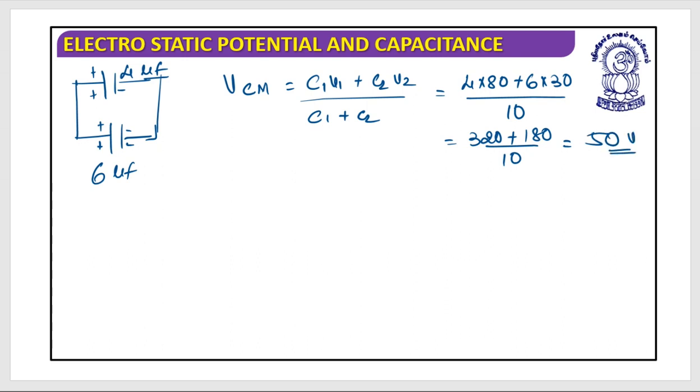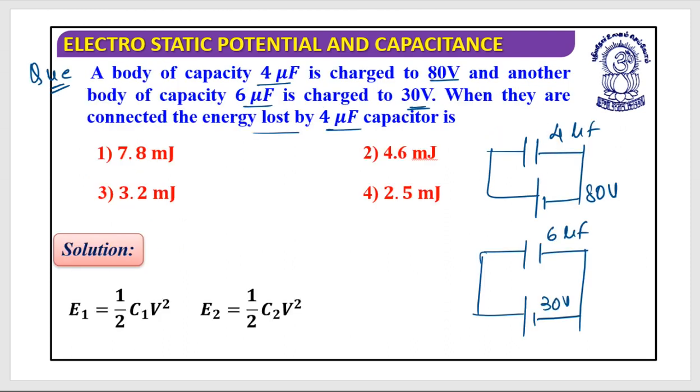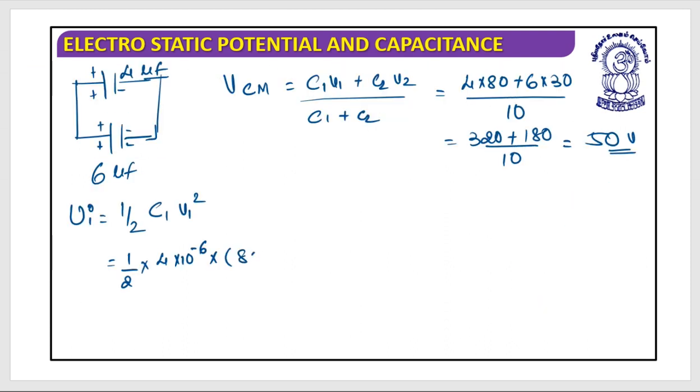Now the initial energy of the capacitor, UI, is half into C1 into V1 square. This equals 1 by 2 into 4 microfarad, that is 10 to the power minus 6, into V1 square. Its potential is 80, so it is 80 square, giving 6400.